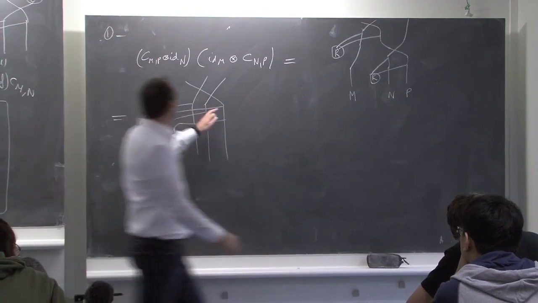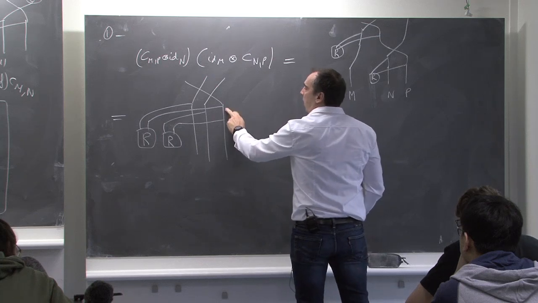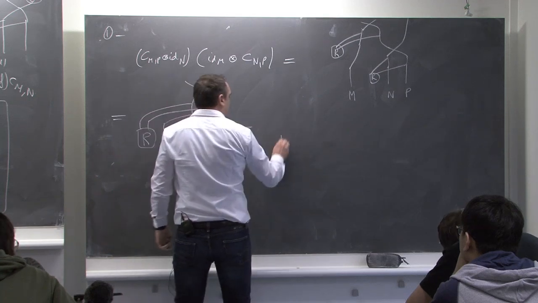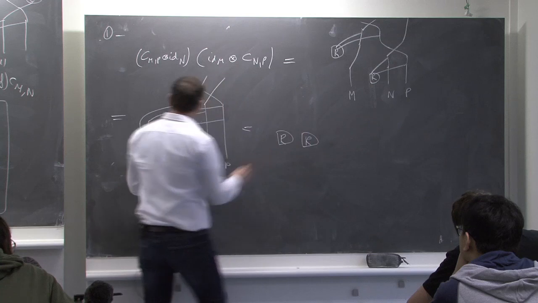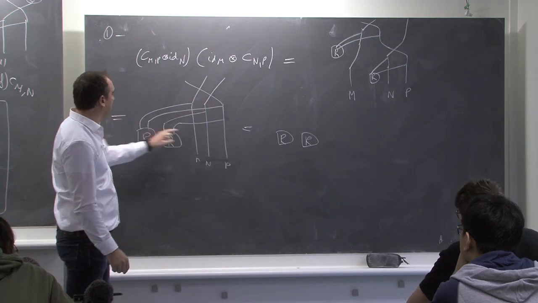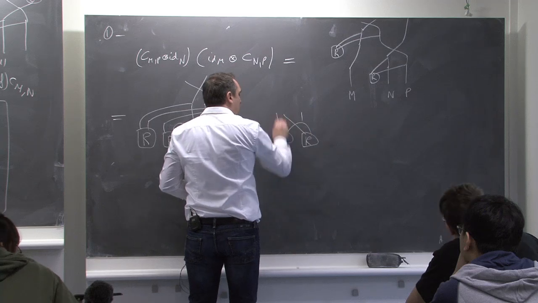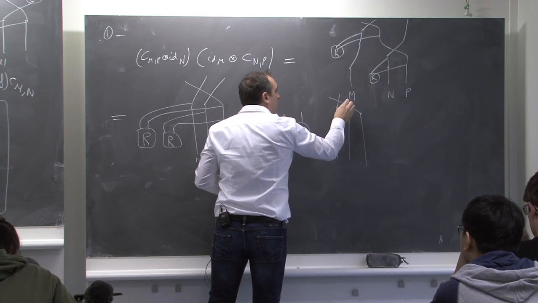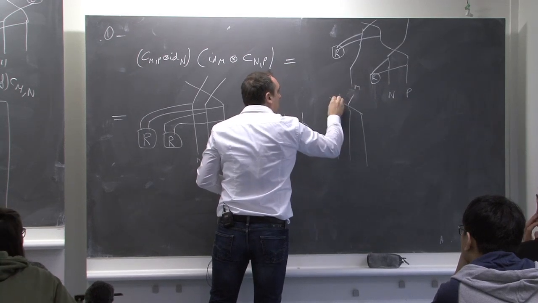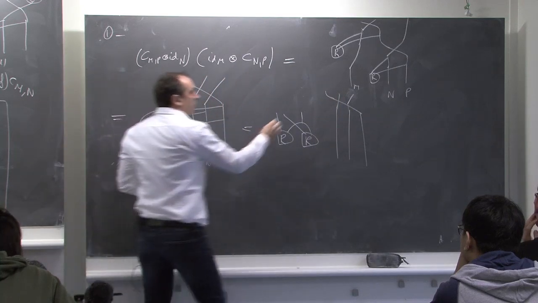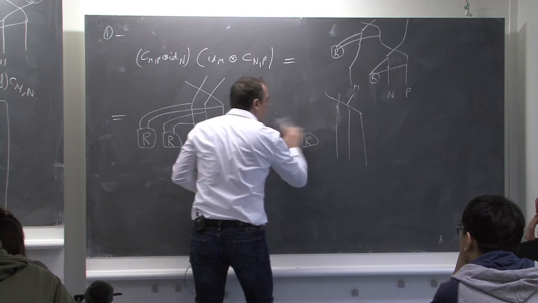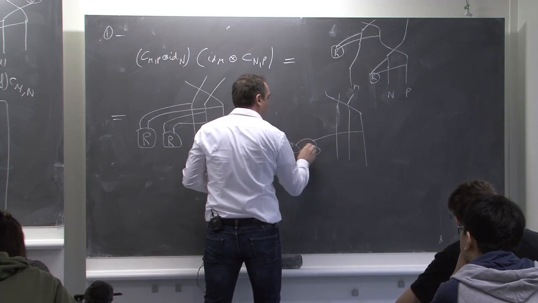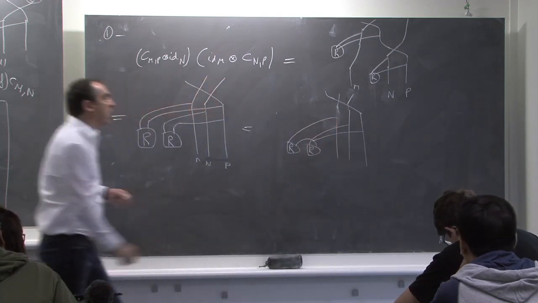Now I can use the axiom of an action on P. So I have this R, so I multiply the second one, and I use it like this. Okay.